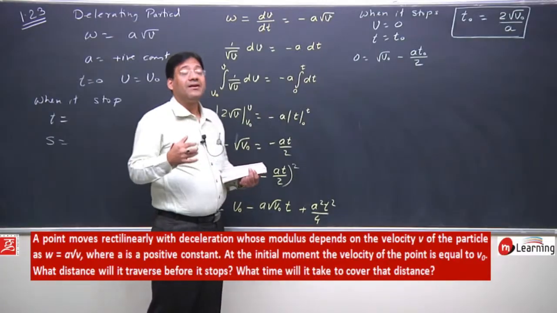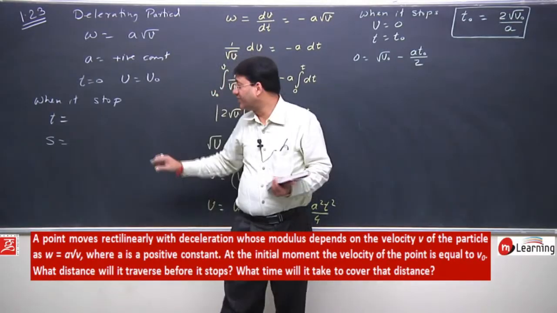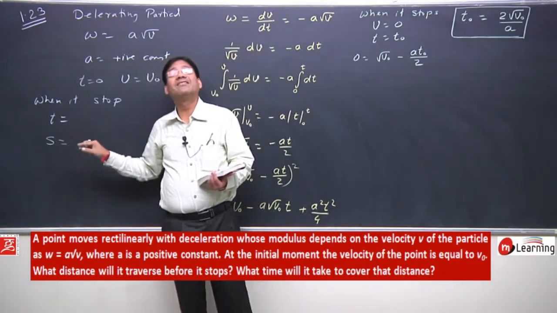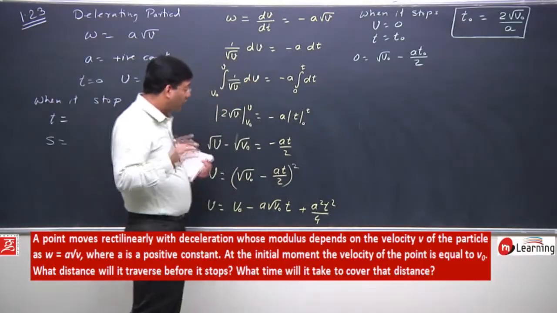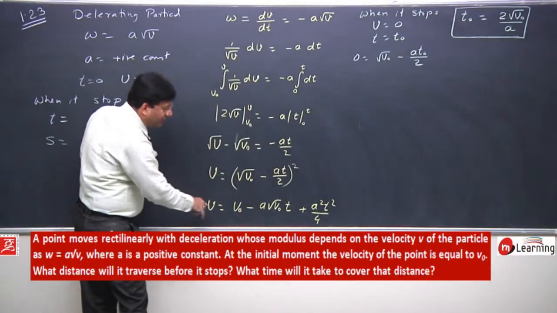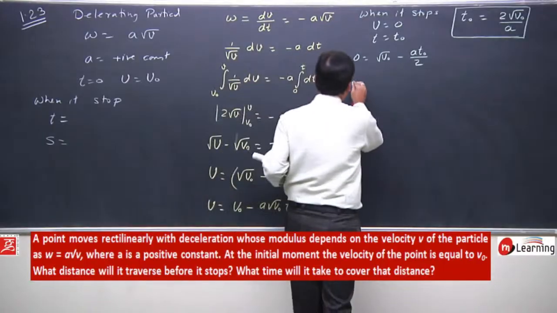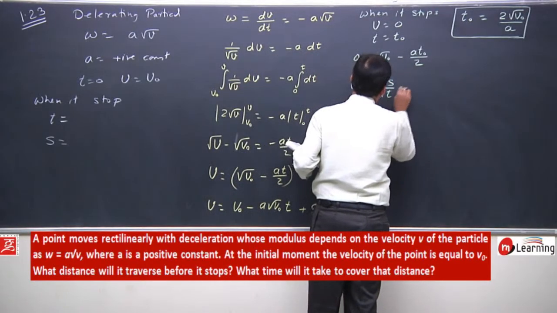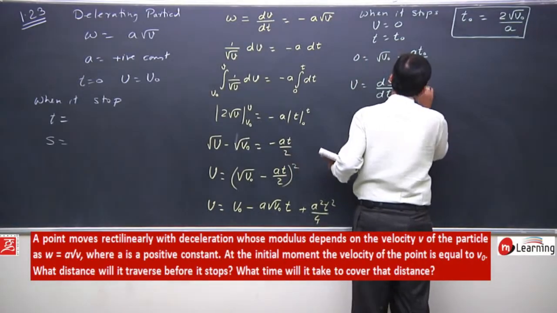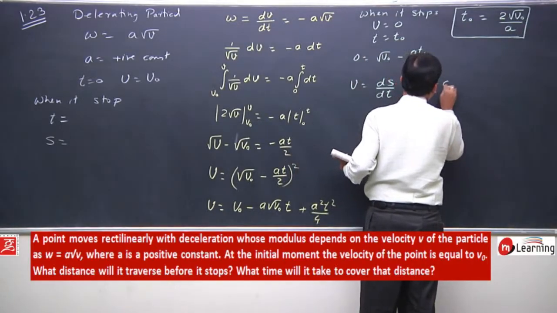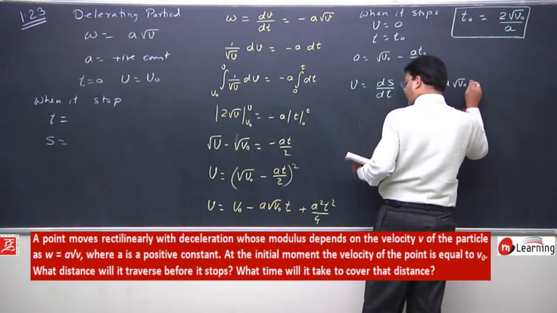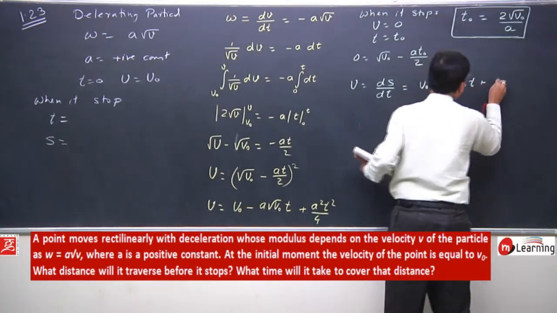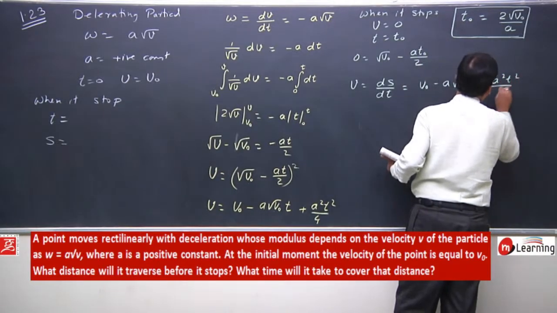Now, the next part of the same question is the distance it travels before it stops. In order to determine it, for velocity I will write ds by dt. ds by dt is v naught minus a root of v naught into t plus a square t square by 4.